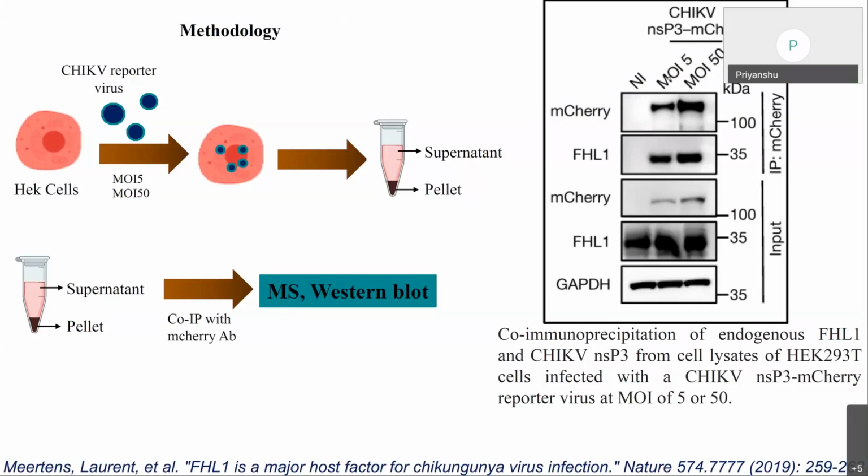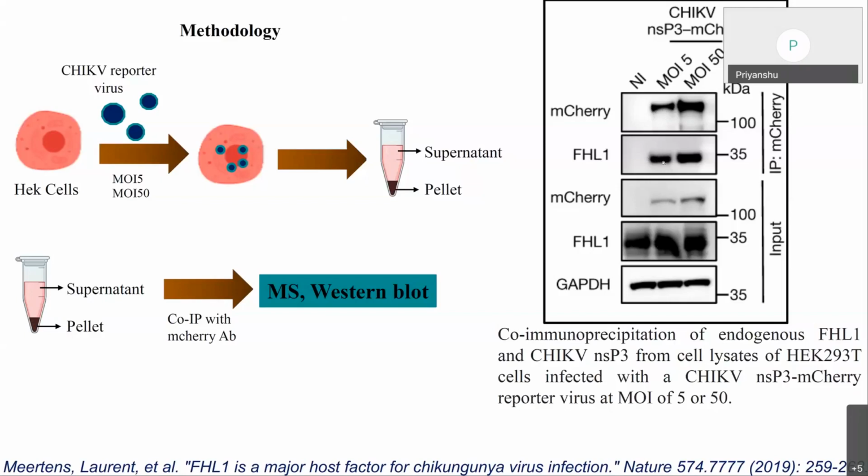But in MOI 5 input samples, FHL1 is present and mCherry is also present. Once co-IP was performed, FHL1 is more prominently present in IP samples, and NSP3 is also present. This shows that NSP3 interacts with FHL1.